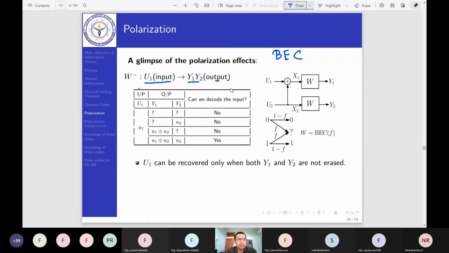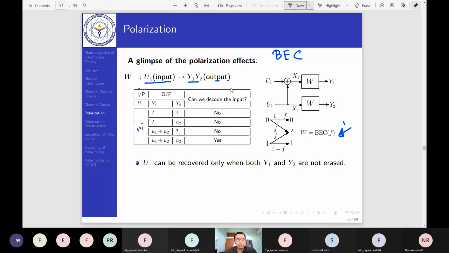The first column is the input, the second column is the output, and the third column is a yes/no answer, whether we can decode the input or not. The output contains two subcolumns, Y1 and Y2. We are considering the W minus channel, and this BEC with erasure probability F. U1 is the input that we are trying to decode.